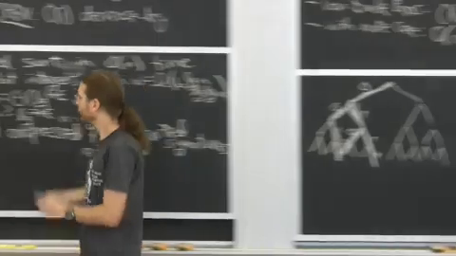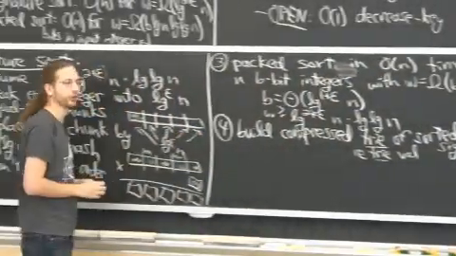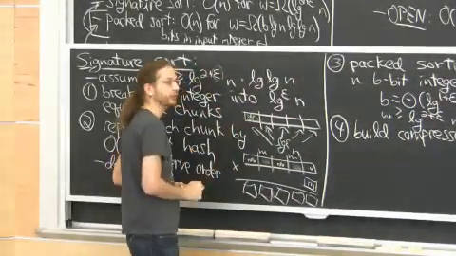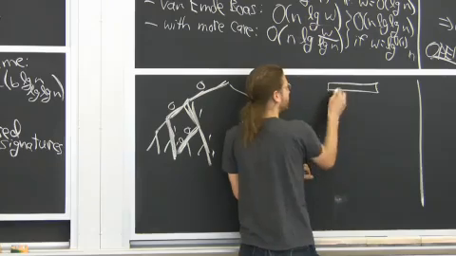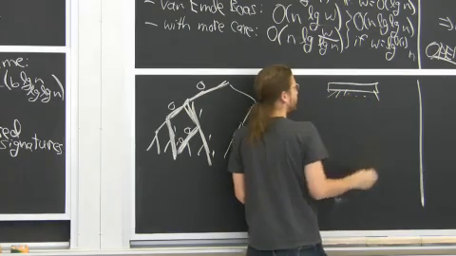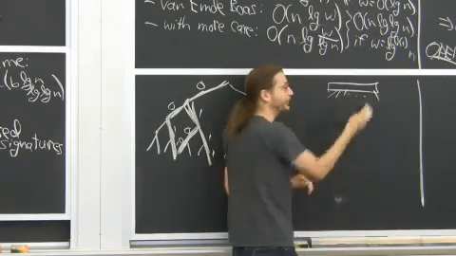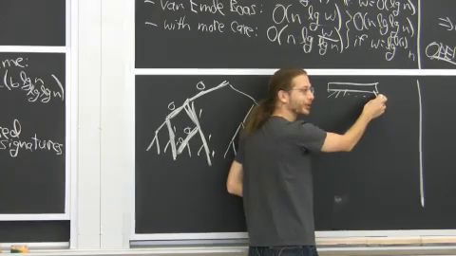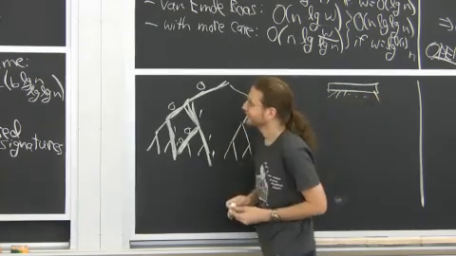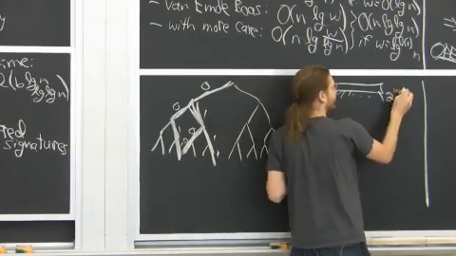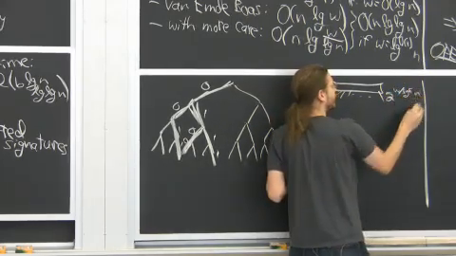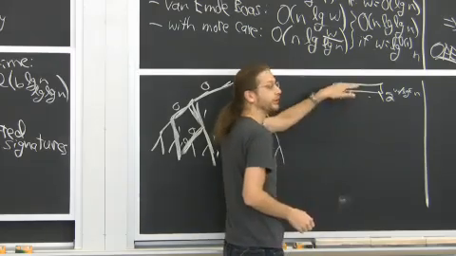I want to do the same thing over here, except it's not a binary trie. Now each digit is giant, so we're going to have some huge branching factor. So it's going to be more like a B-tree. The first node has a whole bunch of children. The branching factor is 2 to the W divided by log to the epsilon n. That's the number of possible values in the first digit.